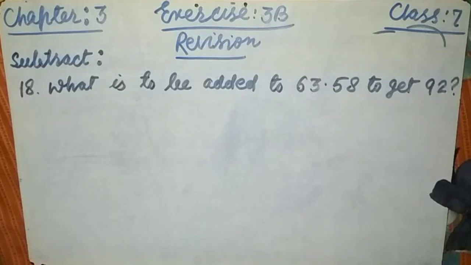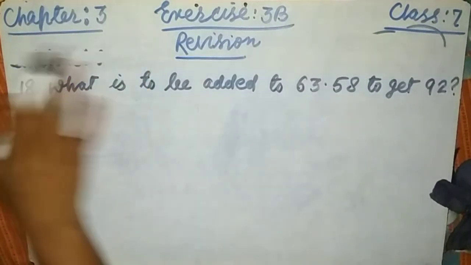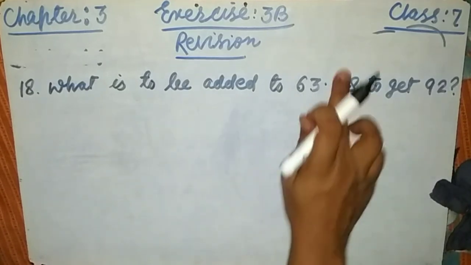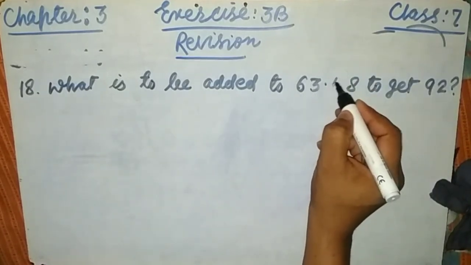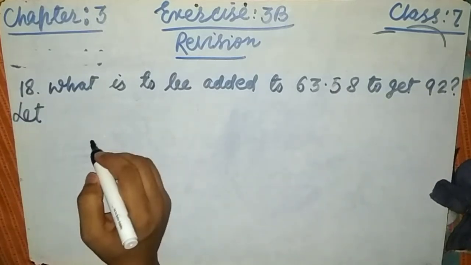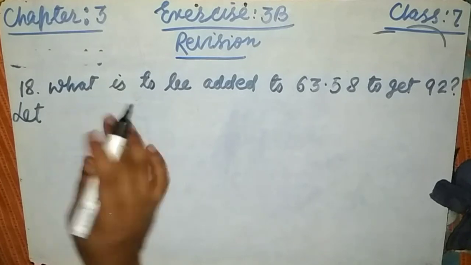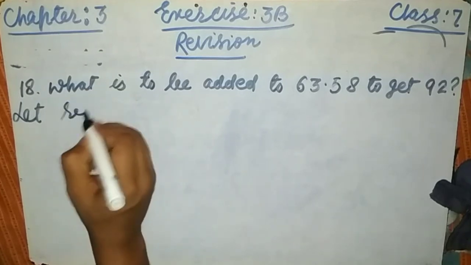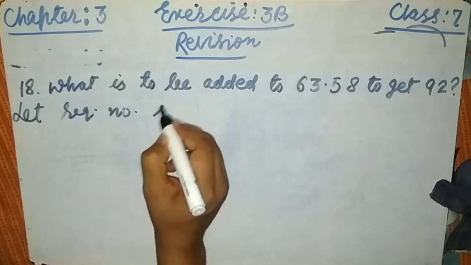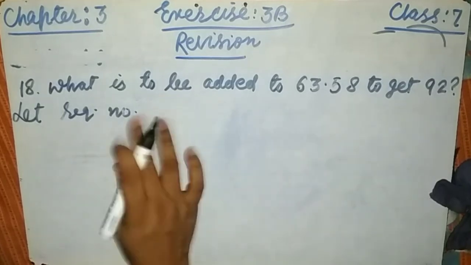Okay, now see, friends, question number 18 says what is to be added to 63.58 to get 92. Very simple question. Let us suppose the required number that is to be added is equal to x.